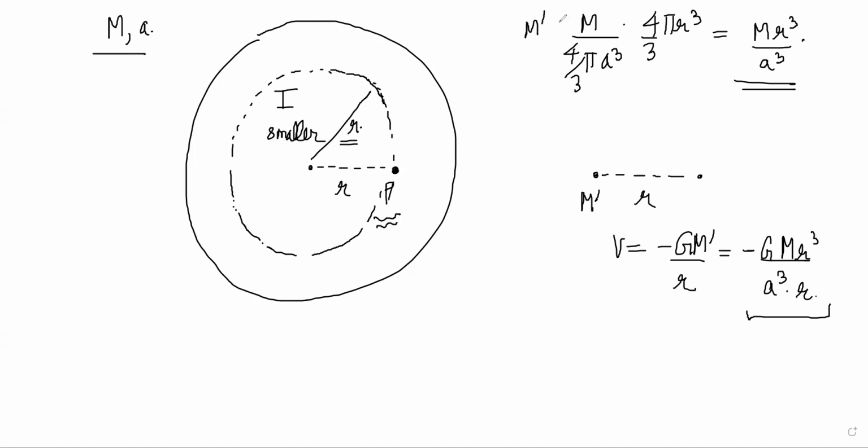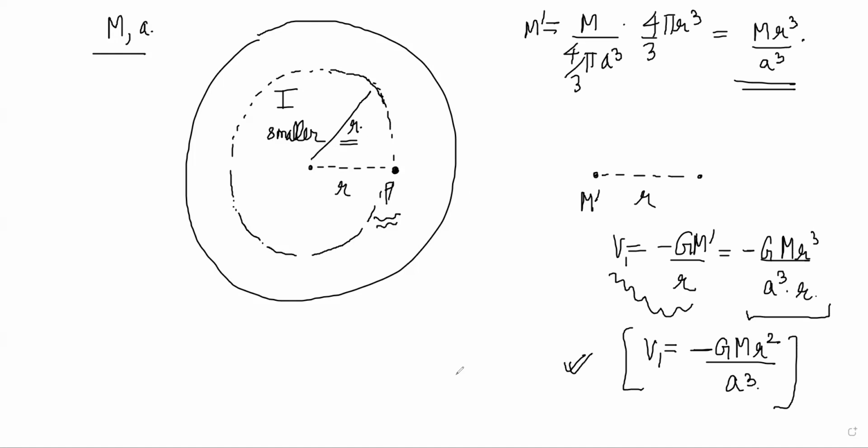This is my M', the mass of the inside part. My potential should be minus G M' by r due to everything inside, which was a solid sphere. So I'm getting V, let's call it V1. V1 comes out to be minus G M r² by a³.